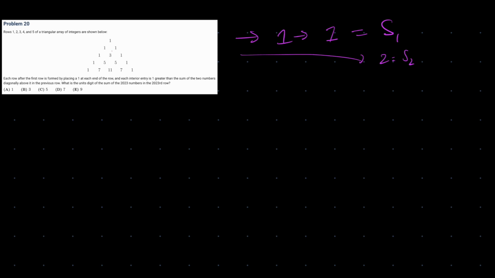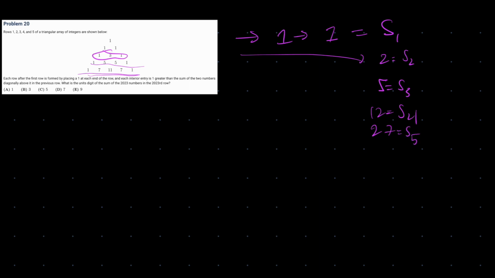And then if you look at 3, we have 5. So it's not just powers of 2. So 5 is S3. And then here, 12 is S4. And then here is 8 plus 8, 27 is S5.